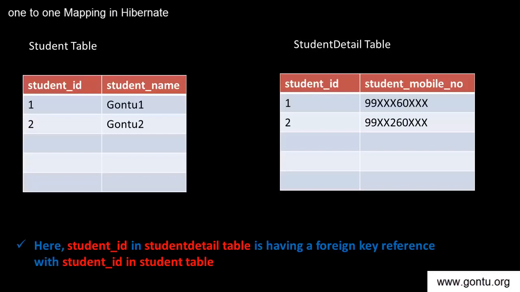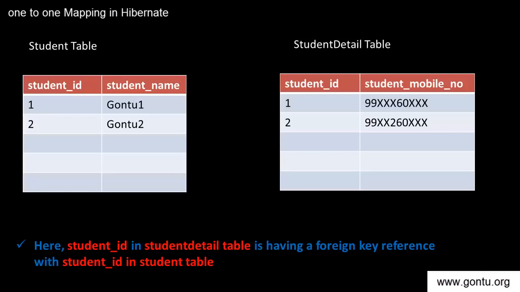In terms of database, you establish a one-to-one relationship using foreign key references or constraints. For example, here student ID in the student detail table is a foreign key reference of student ID in the student table.